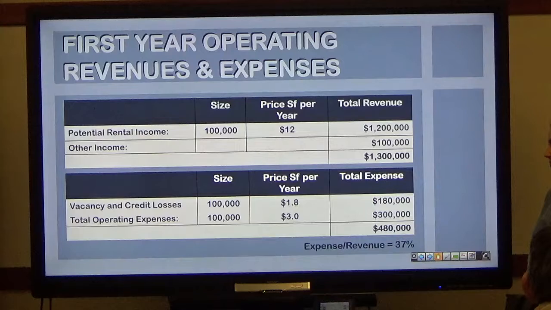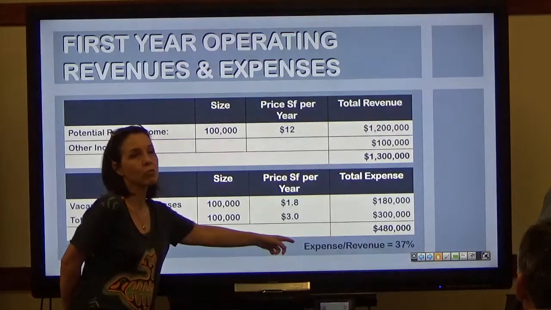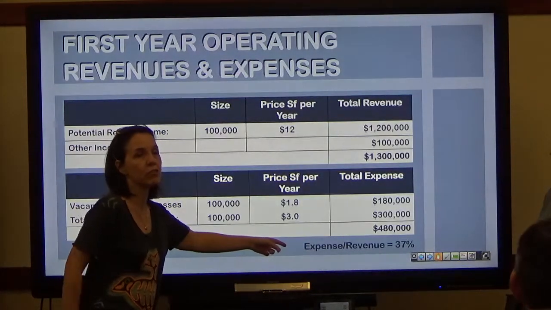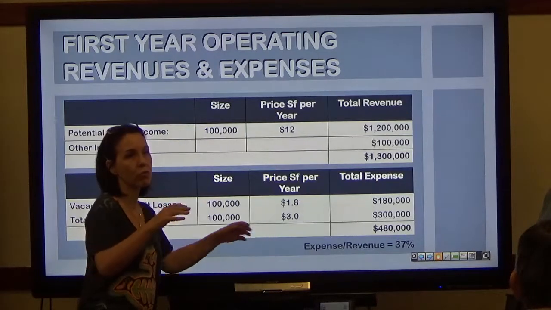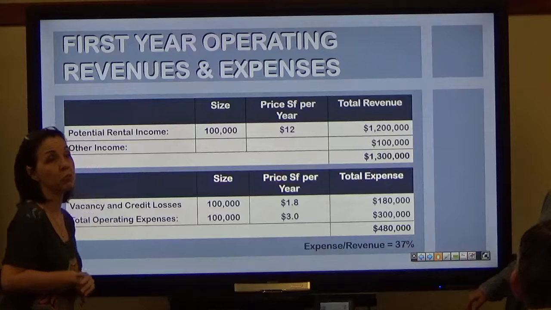The operating expenses were $300,000, and we calculate the vacancy and credit losses at 180,000, which was 15% of PGI. What I like is we added that because when you do a review, for somebody who doesn't know the project, you give them a quick assessment of what is going to be spent in the first year and what you're going to get in operation.